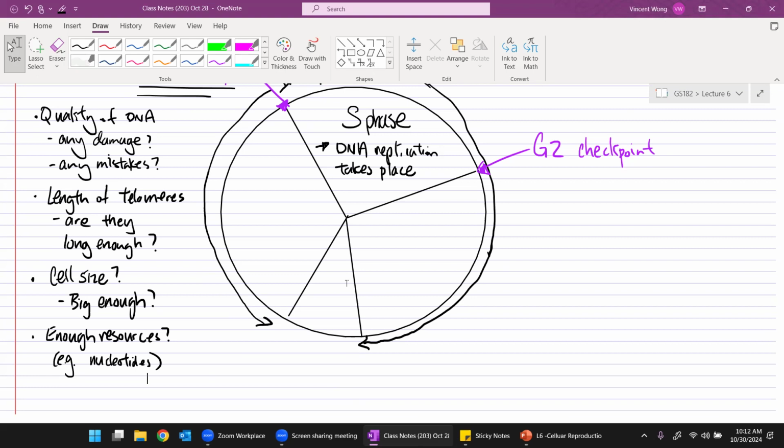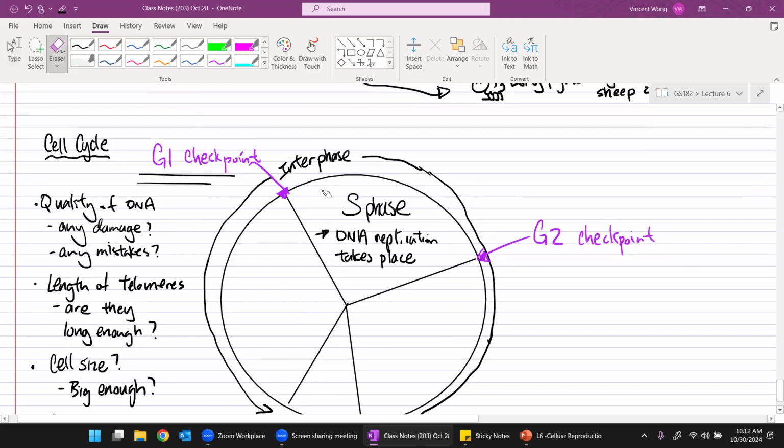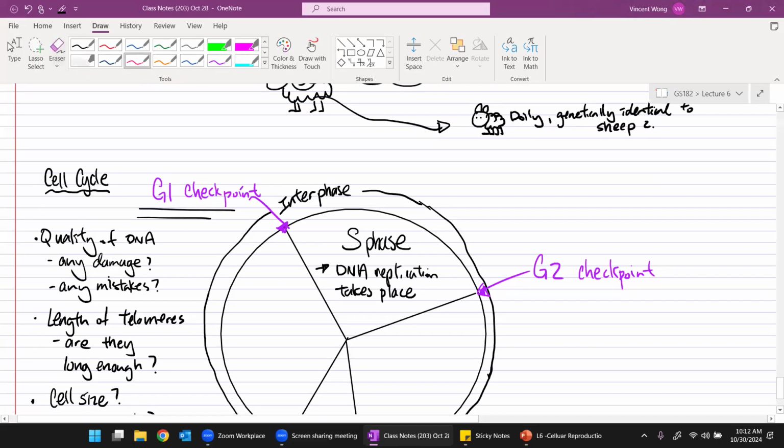Okay, so if everything is okay, no DNA damage, or if there is damage, you try to repair it, okay? And if you're able to repair it and the lengths are good, the size are good, then you will be allowed to go to the DNA replication step, okay?